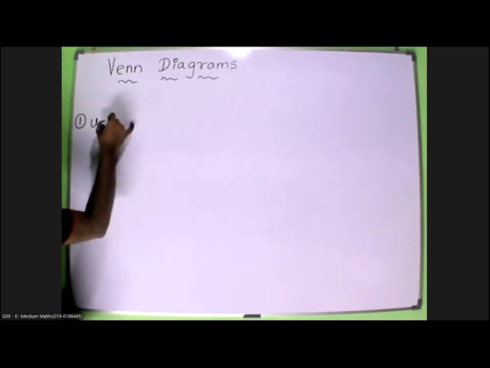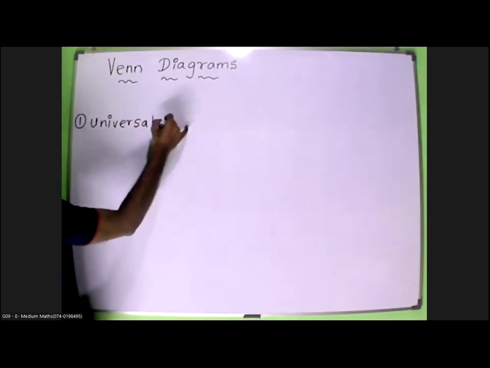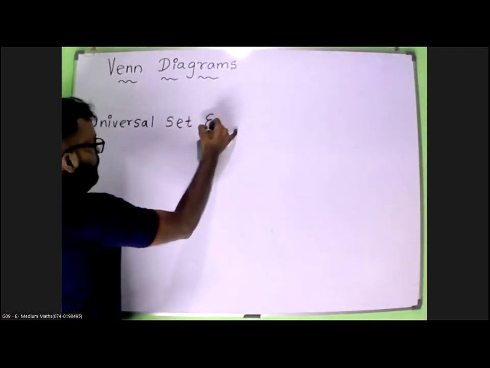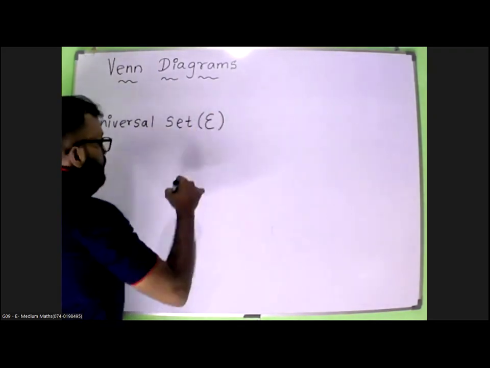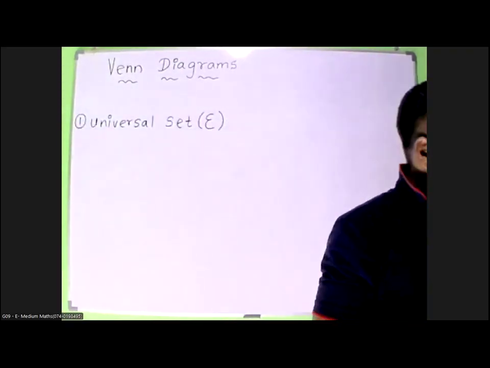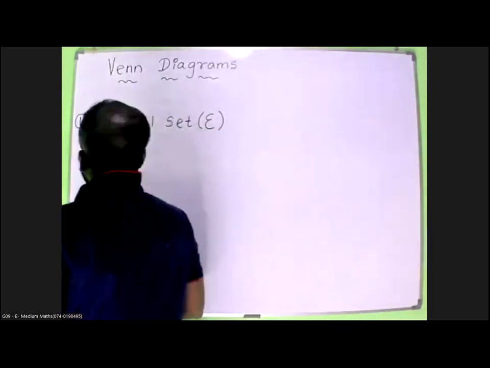First one, universal set. Look at the bottom, don't write. How do we represent the universal set by using the Venn diagram?